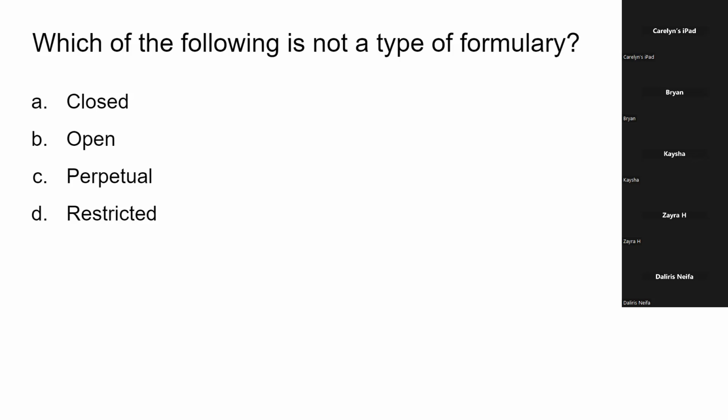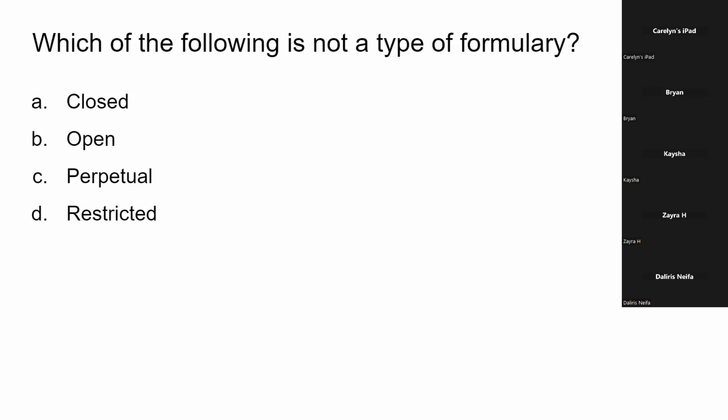The computer will spit out 10 different drugs, like count all the metformin that we have in stock, every single day, keeping the inventory perpetually. So you don't have to shut down the whole pharmacy and do it all at once. Instead, it's little by little, so you get a good idea of what's in the pharmacy at any given time. That is what a perpetual inventory is, but it has nothing to do with formularies.